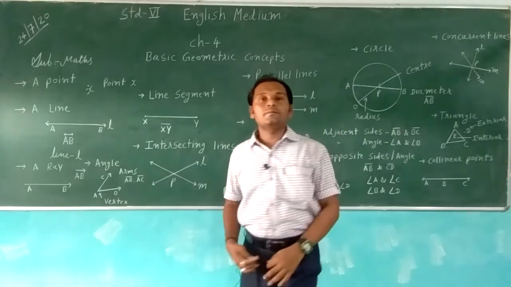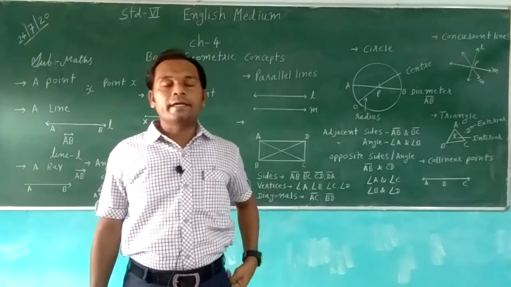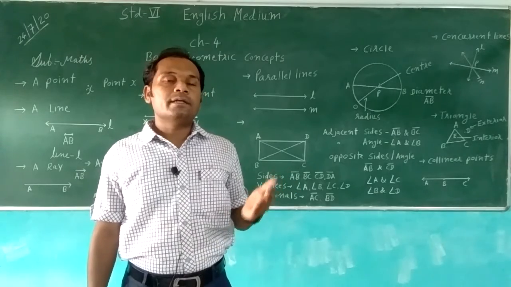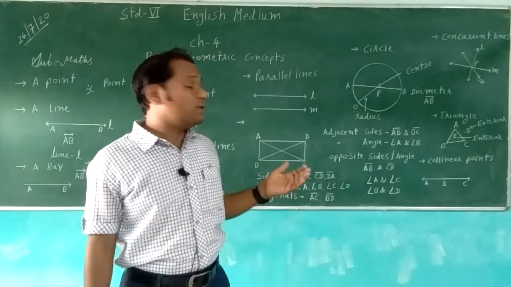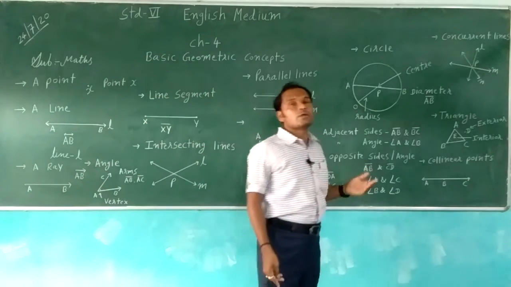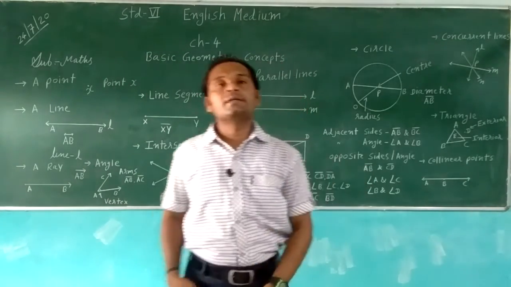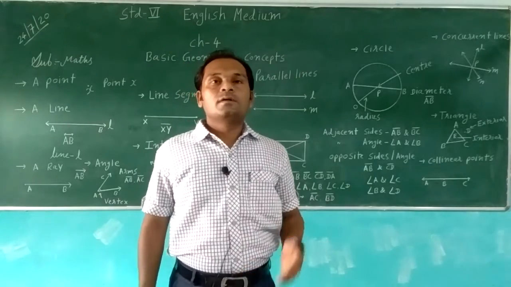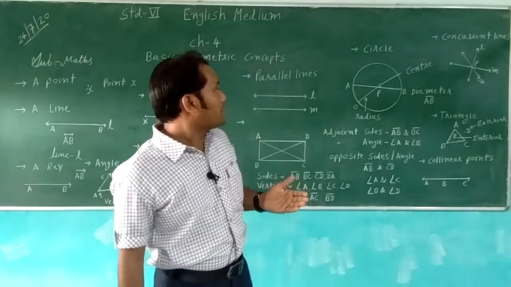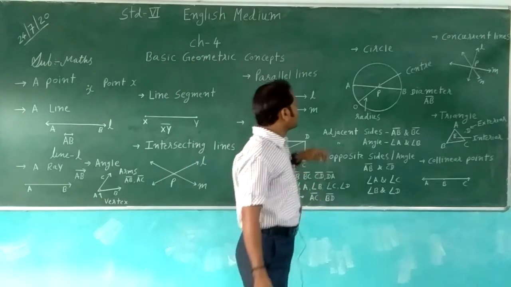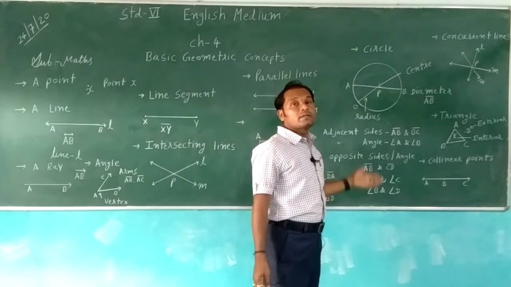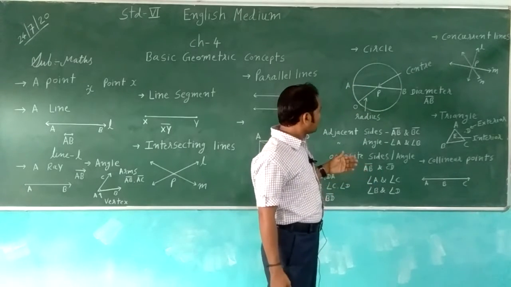AB, a line passing from the center of the circle and ending on both sides of the circle, is called the diameter. In short, diameter is double the radius and radius is half the diameter.